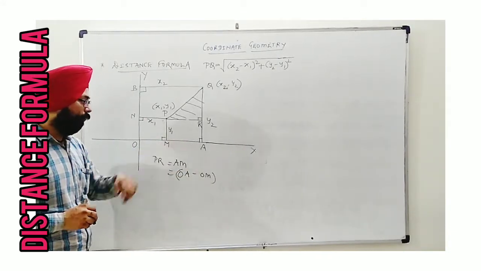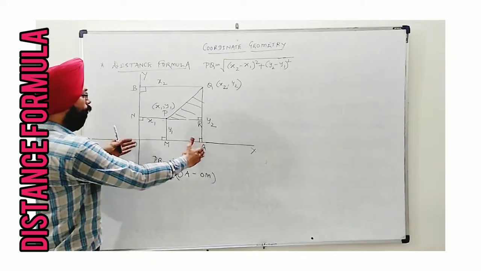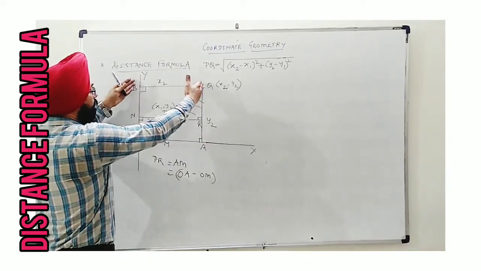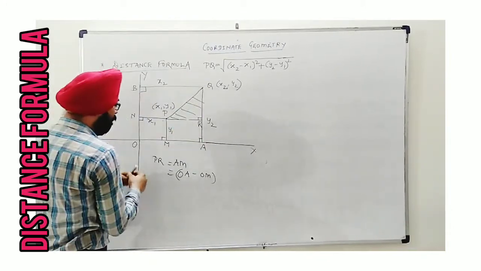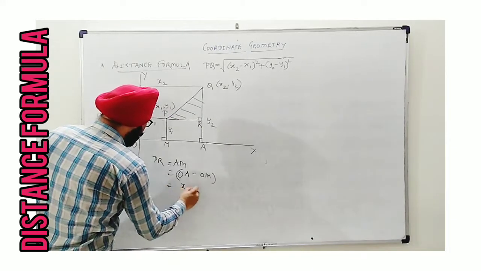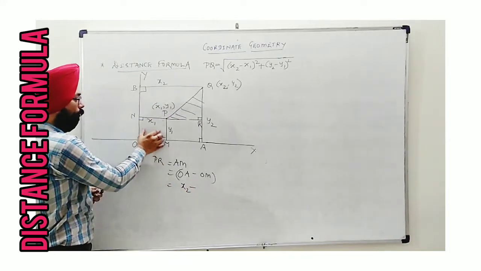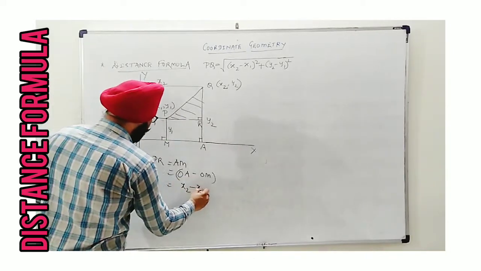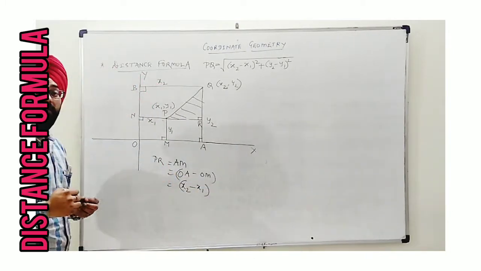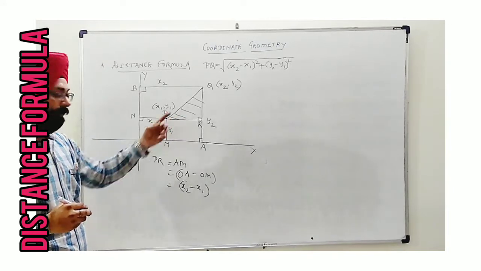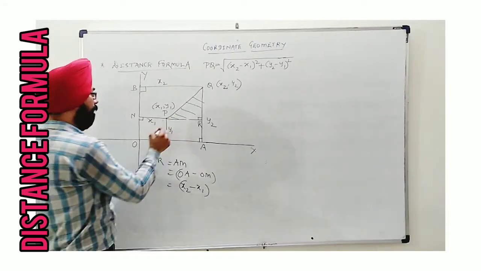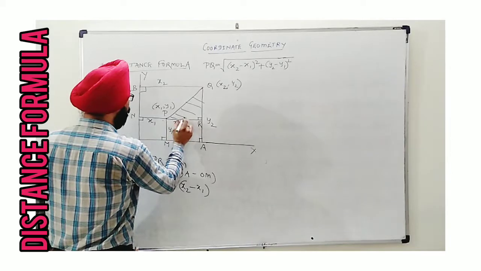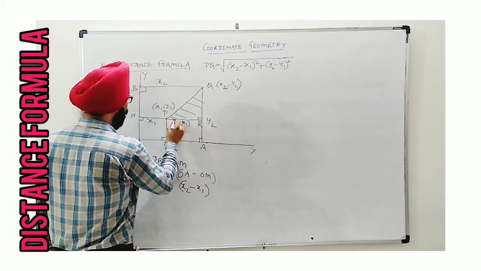Now what is the distance OA? This OA is equal to the distance of Q from the y-axis, meaning x2, minus OM. OM is equal to this distance PN, that's why x1. So we have obtained the value of PR as x2 minus x1.